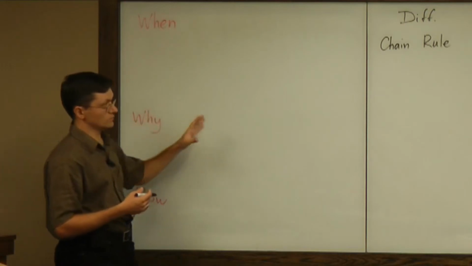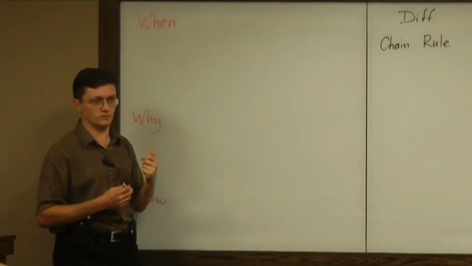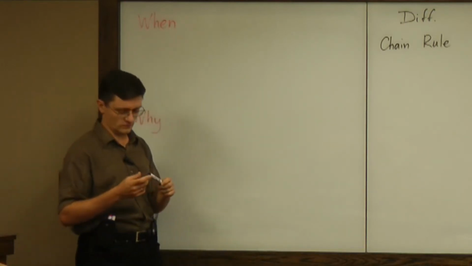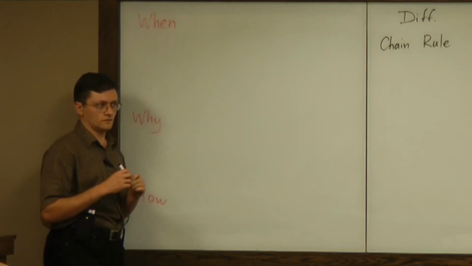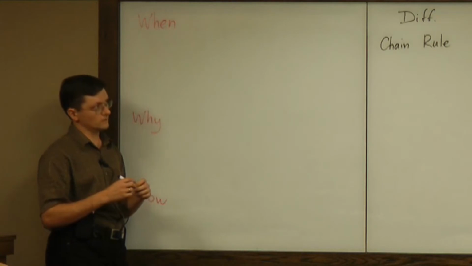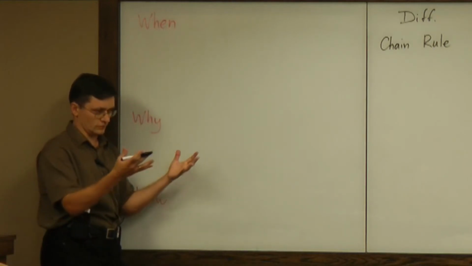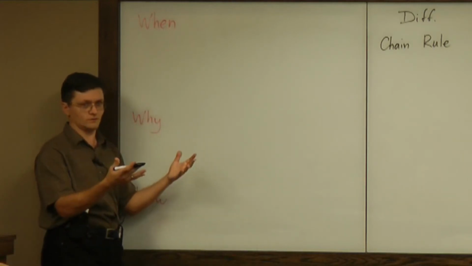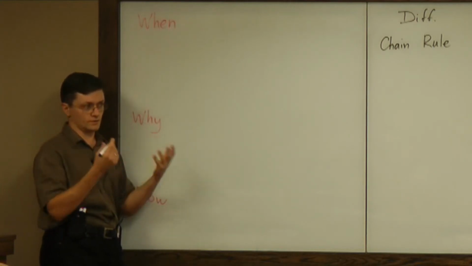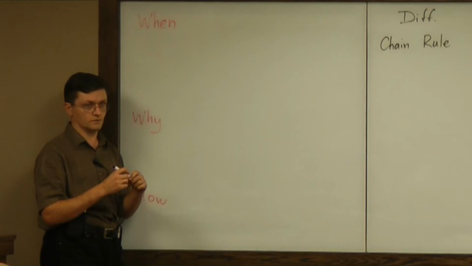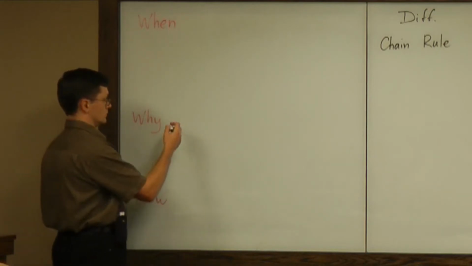Now, why would you use the substitution rule? Because sometimes integration is impossible without it. Sometimes you look at the integrand and you don't know how to find the antiderivative, and you would like to at least simplify it.